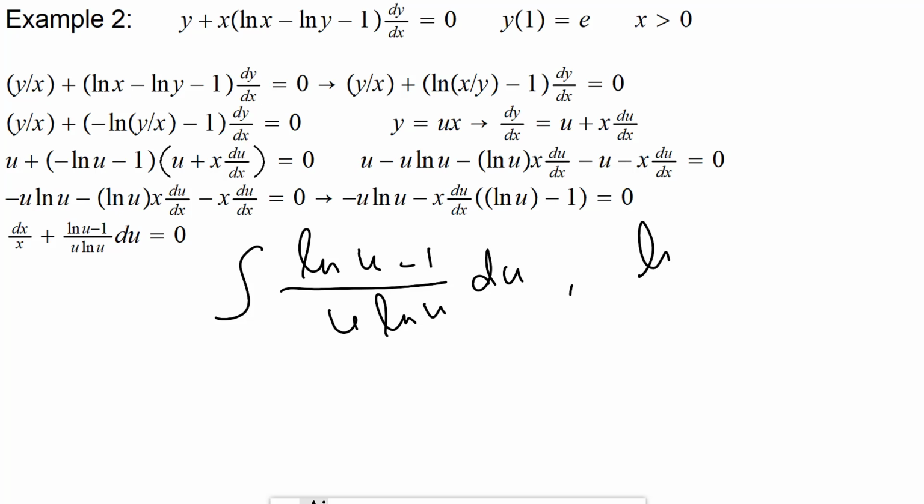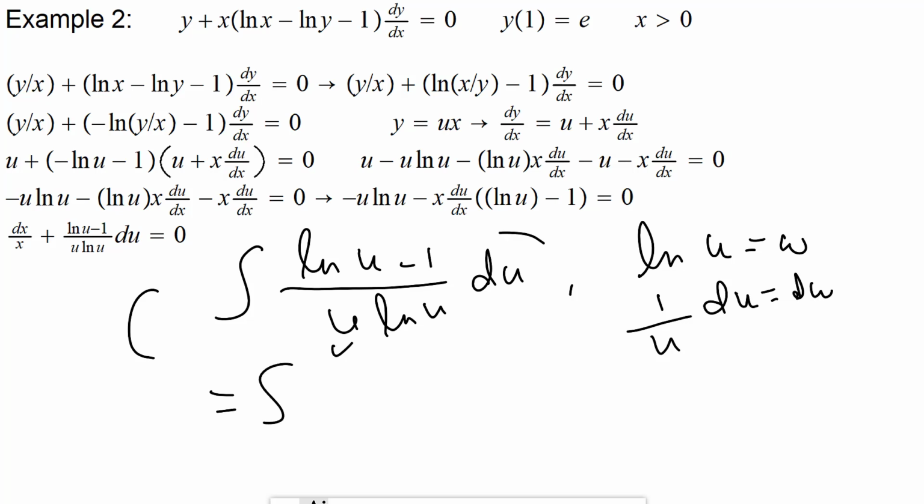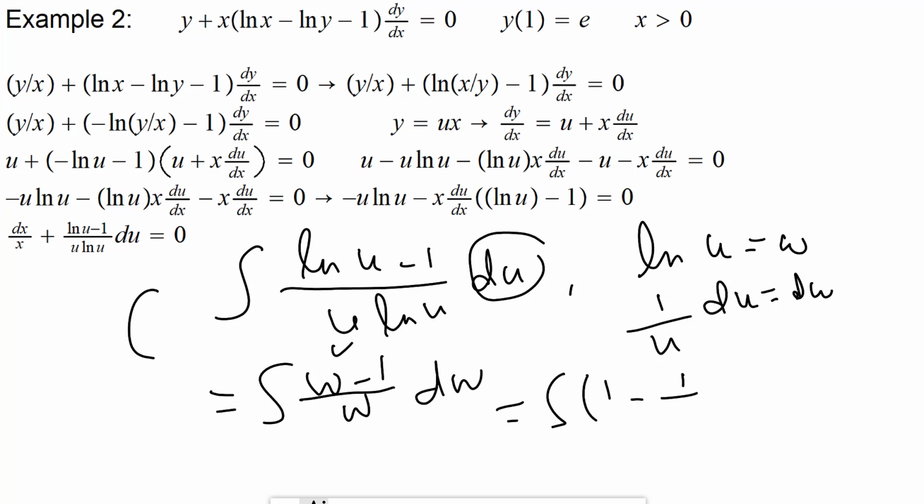So if we took ln of u as, say, w, then what will happen? 1 over u du would be dw, right? So this quantity here is u du, so that becomes dw, and this is w minus 1 over w, that is 1 minus 1 over w. And here we saw we have both x and y as positive quantities, so w would be positive.